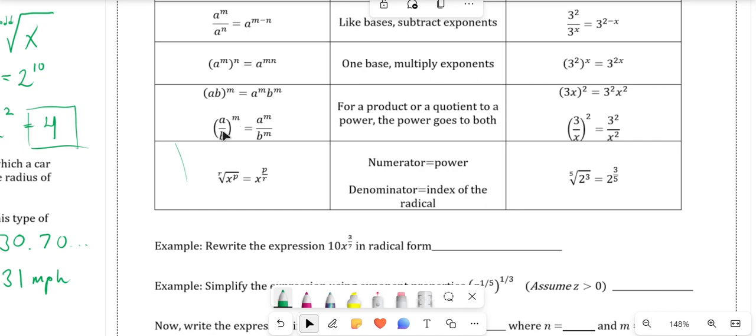Maybe I only looked at this one in class, but distributing around a fraction also works just fine. And now we have this sort of new interpretation. We have a fractional exponent and how to encode that as a radical. So this is our new property.